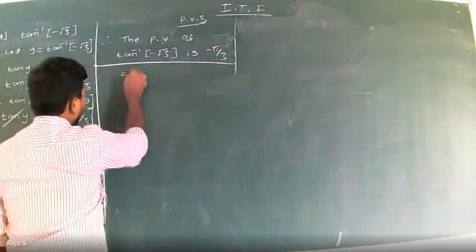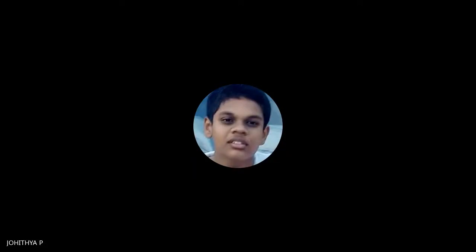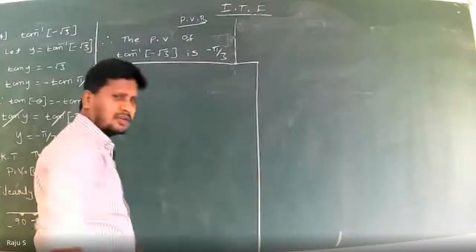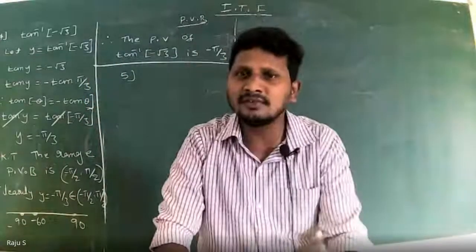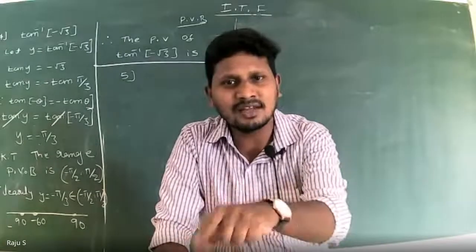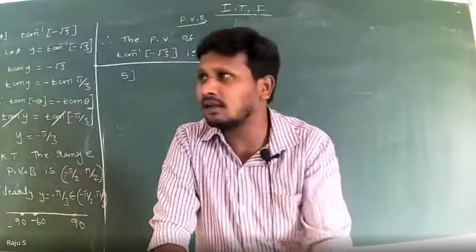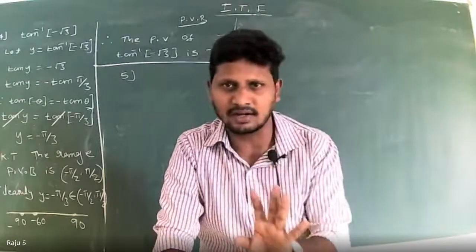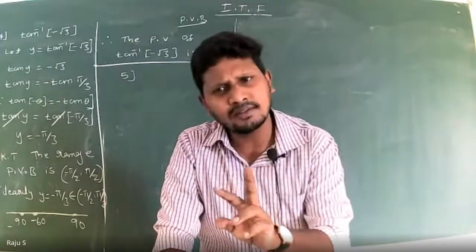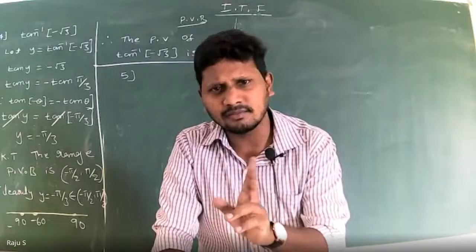Question number 5. Pi by 3, sir. Is it pi by 3? See, a negative value is given, minus 1 by 2. Look here, cos inverse of a negative value means in which quadrant is cos negative? Pi by 3 is the first quadrant.